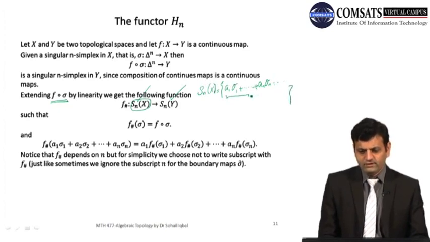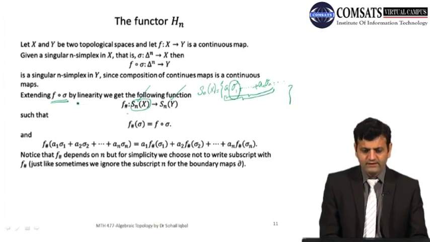So this is a particular element, but so far I just know how to take sigma 1, which is a singular n simplex on X, and take the composition with f to make it into a singular n simplex inside Y. But I don't know how to calculate the image of this whole element, which is the integer combination of these singular n simplices. So here's how we do it.